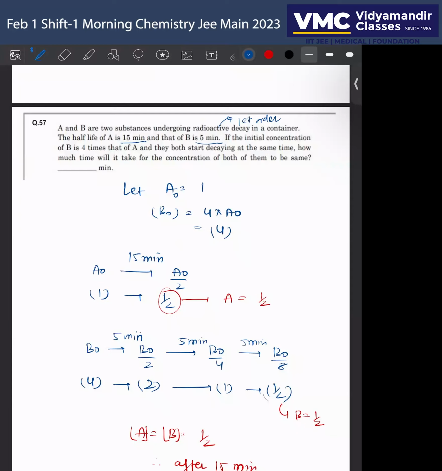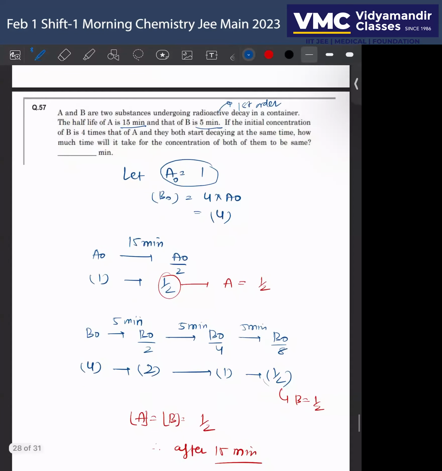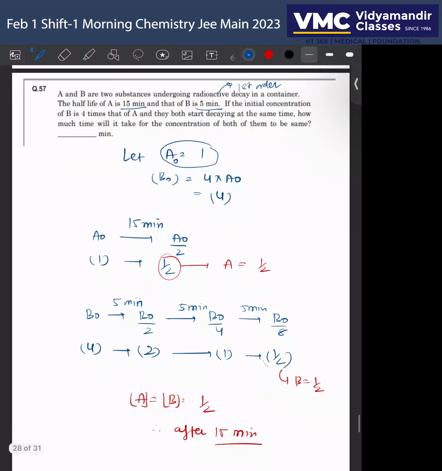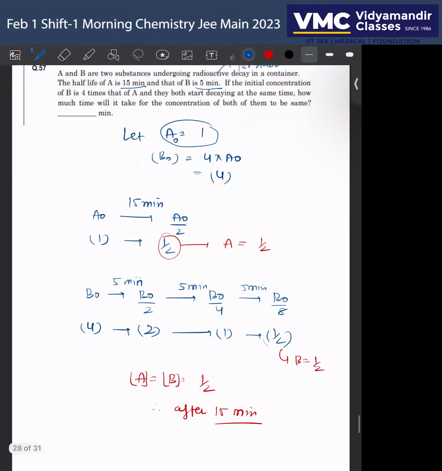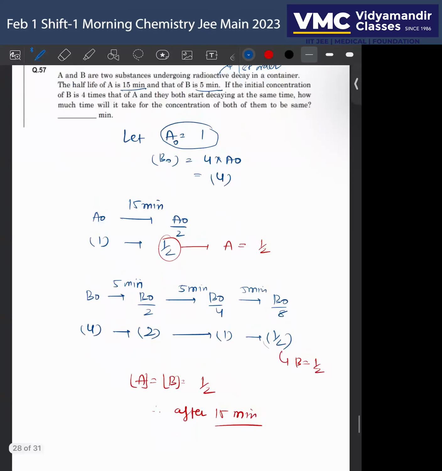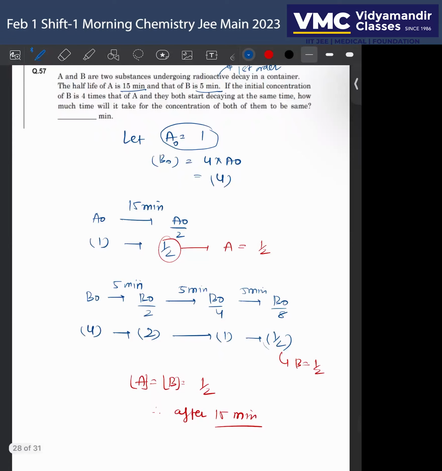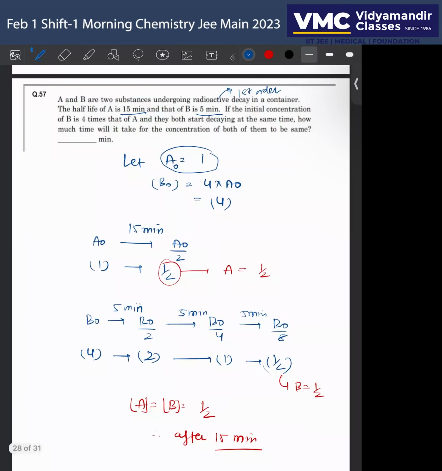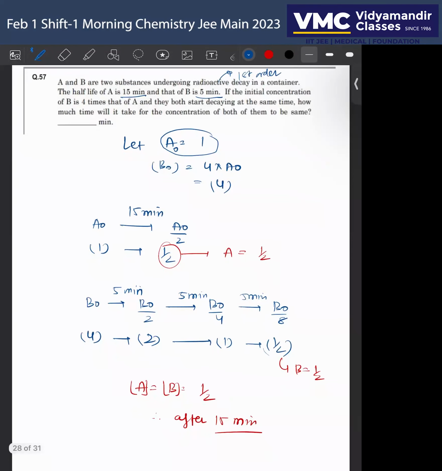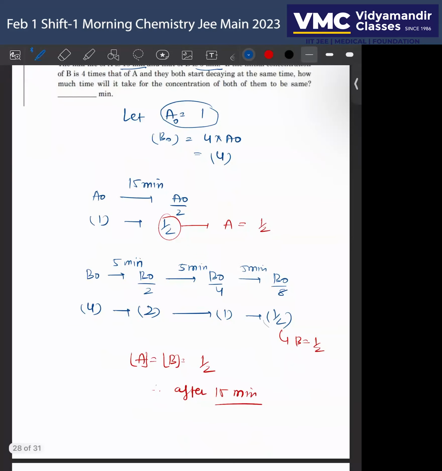If the initial concentration of B was 4 times that of A, let us consider the concentration of A equal to 1, and B will come out around 4. Therefore, A becomes half, from 1 to half, in 15 minutes. It was asked at what time A and B will become equal. If we use B as 4, it becomes half in 5 minutes.